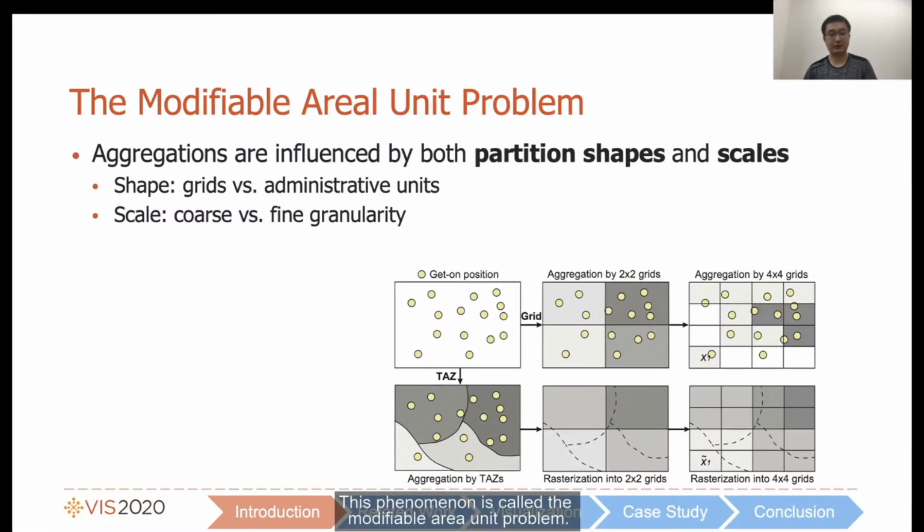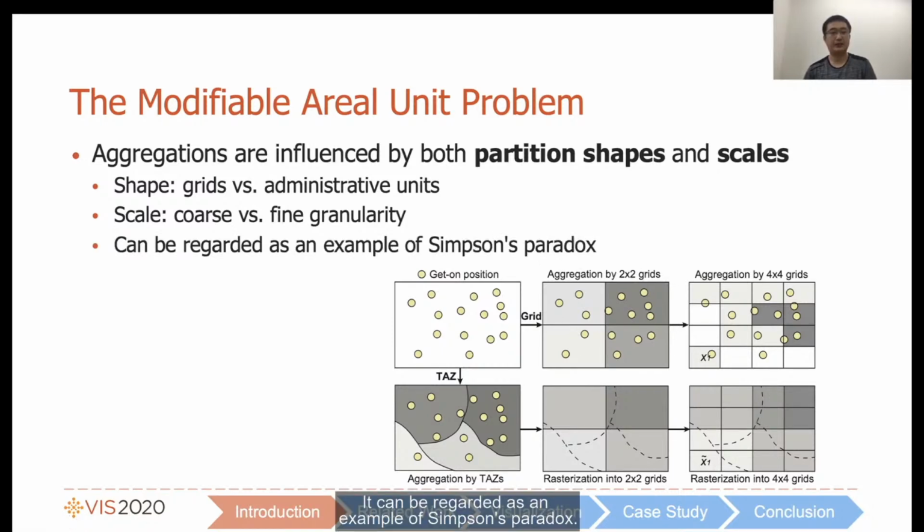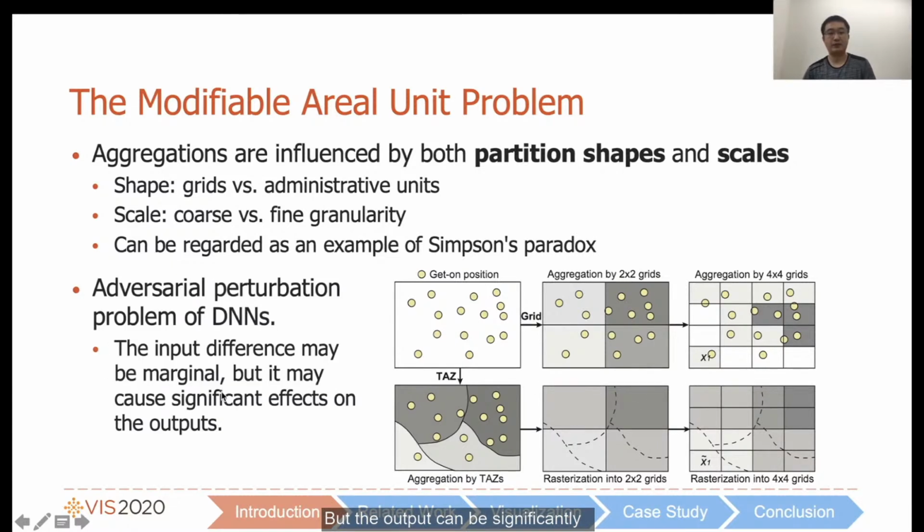This phenomenon is called the modifiable area unit problem. It can be regarded as an example of Simpson's paradox. Also, the inputs can have small differences, but the outputs can be significantly different because of the adversarial interpretation problem of DNNs.